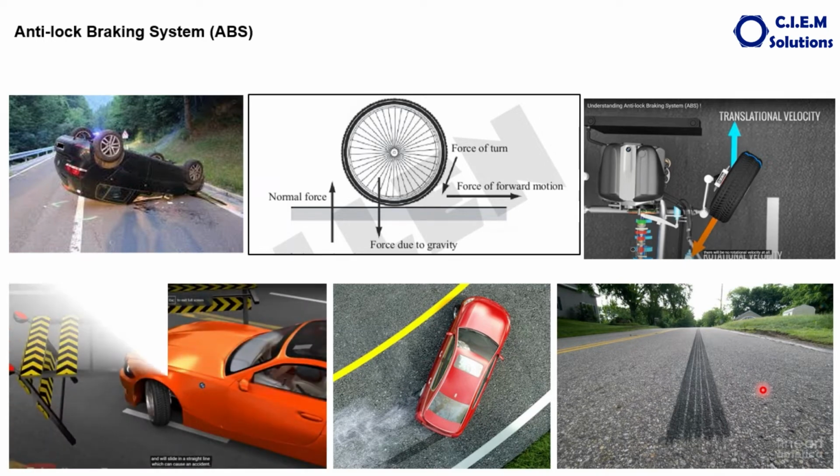Such accidents mainly take place on slippery roads, wet roads or snow roads, or when the vehicle is negotiating a turn. When the vehicle negotiates a turn, the inner wheel has to rotate fewer revolutions than the outer wheel.